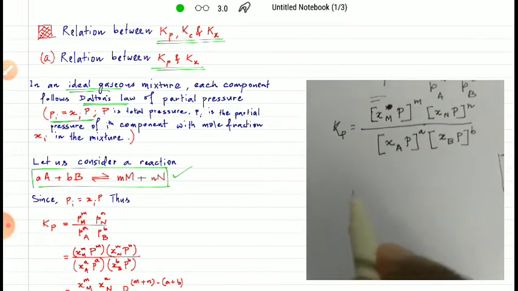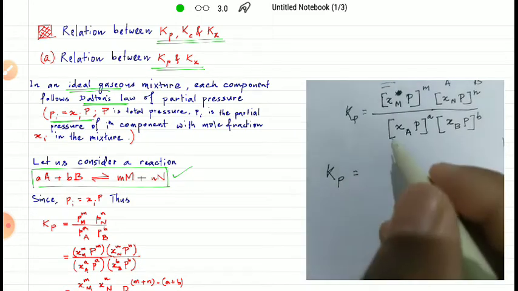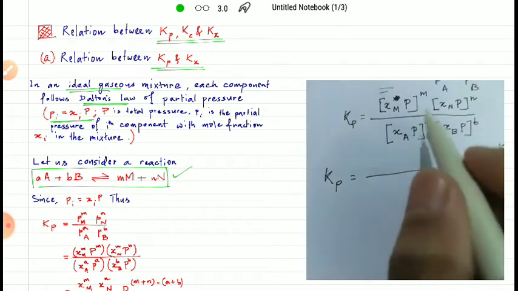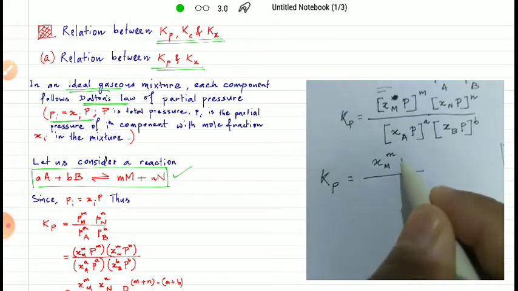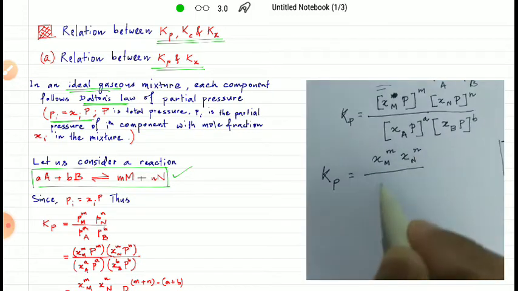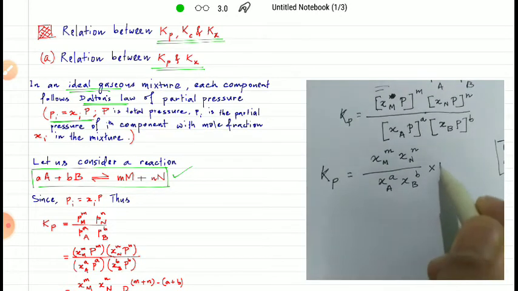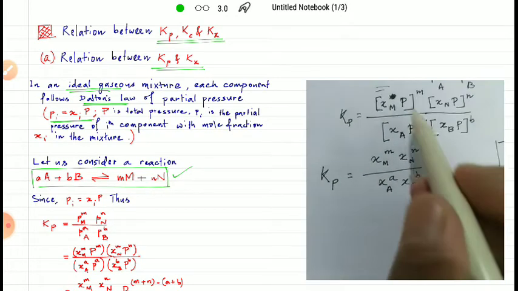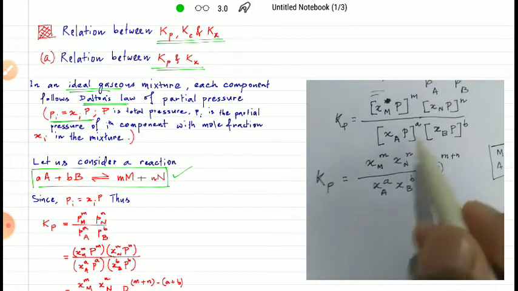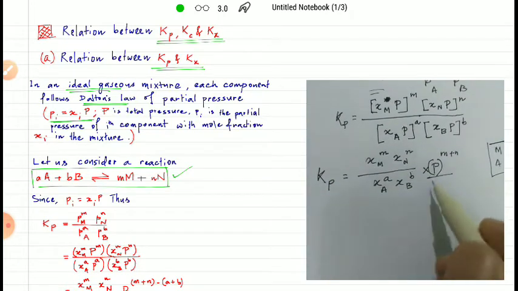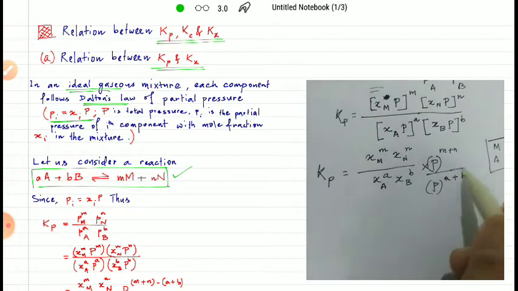Now we can simplify this by using simple mathematics. Kp is equal to, because of P, we can write it like this: xM to the power m into xN to the power n, xA to the power a, xB to the power b, into P to the power m plus n, divided by P to the power a plus b.